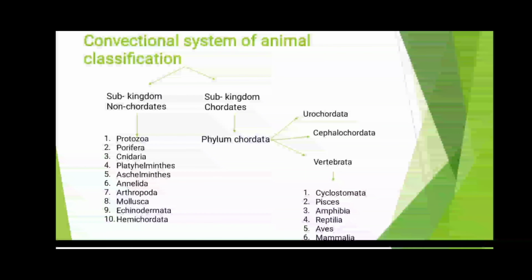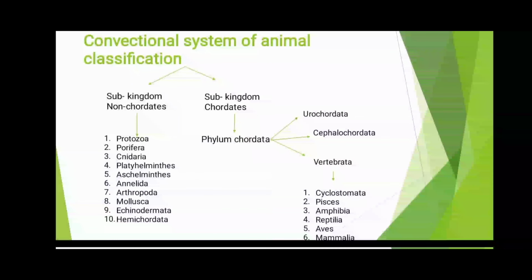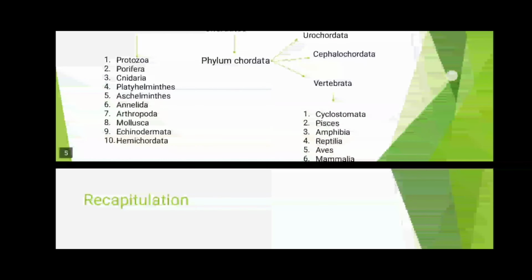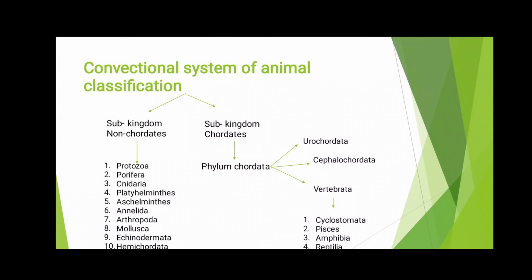These animals are hermaphrodite, meaning male and female reproductive systems are present in the same animal body. Remember examples: planaria, liver fluke, tapeworm.